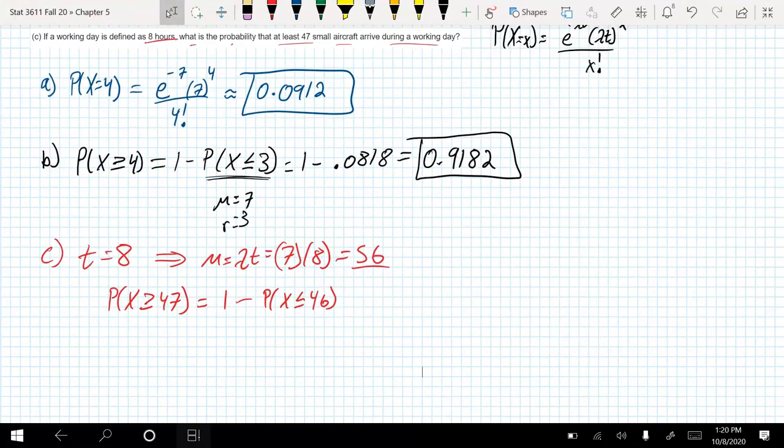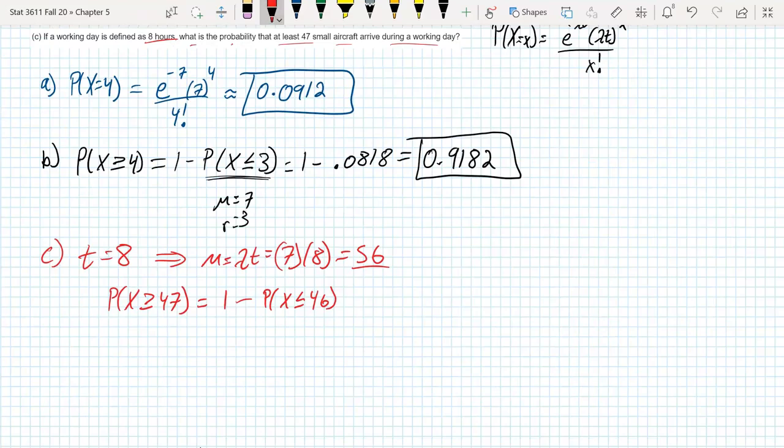So we want 1 minus 0.099, and that is 0.9006 if I round this off to 4 places.